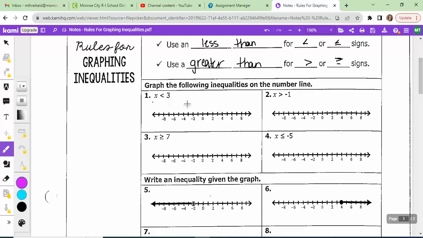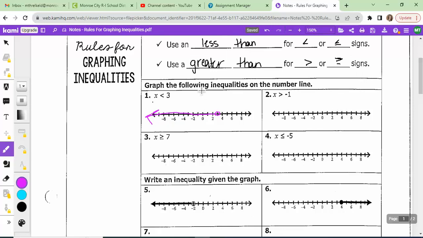Since it doesn't have an equal to, it's an open circle. And then we have to decide which way we're going to go. If I said x is less than 3, we want the numbers smaller than 3, so we're going this way.